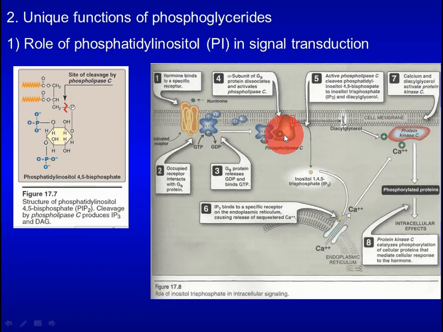This enzyme will cleave PIP2, releasing inositol 1,4,5-triphosphate or IP3. IP3 binds a receptor on the ER membrane, causing release of calcium from the ER.